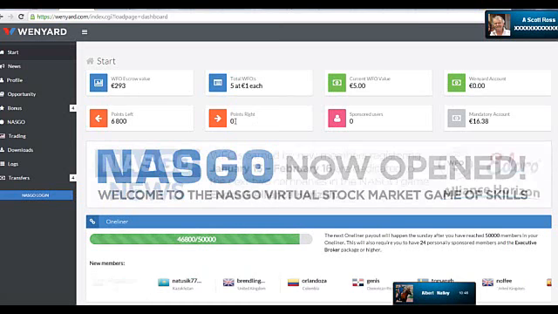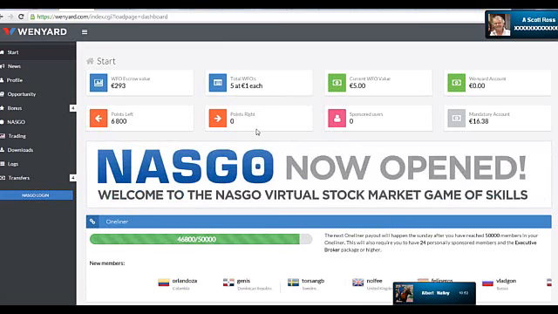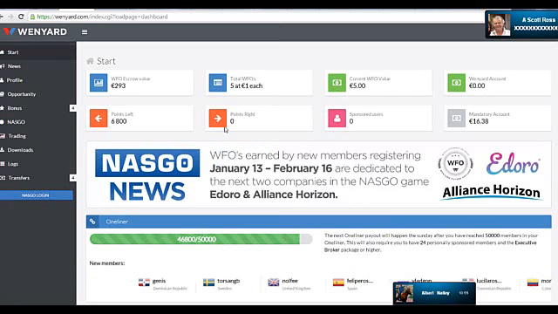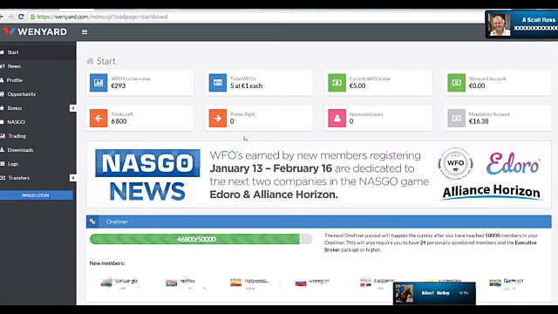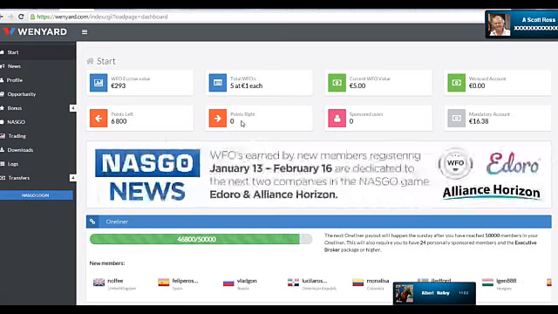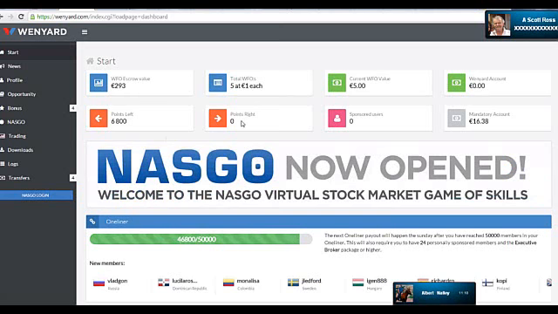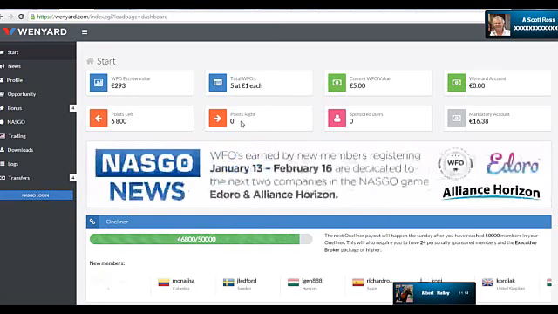When that 40 euros comes about, it'll go directly into the Wenyard account. So that'll be cash. The way you add points to the right or the left is by enrolling people, and we'll go over that in a little bit as well. Whenever you enroll people, depending on the position they take in Wenyard, they will get anywhere from 100 points up to about 800 points. So that's the way that works.